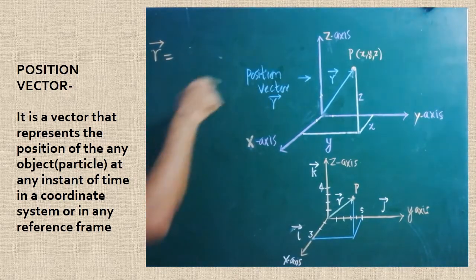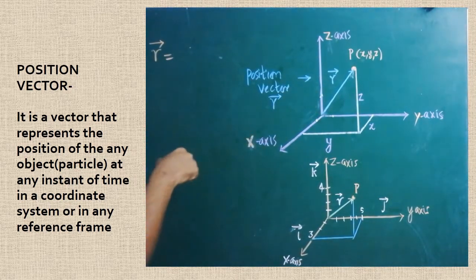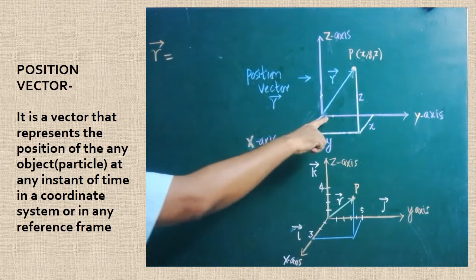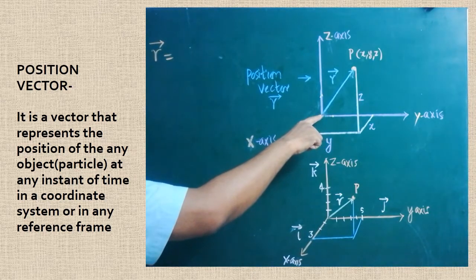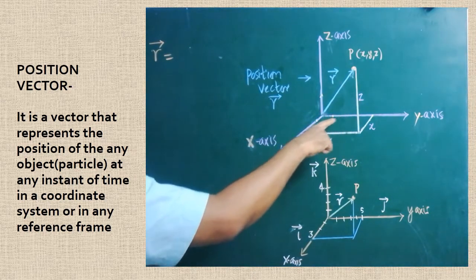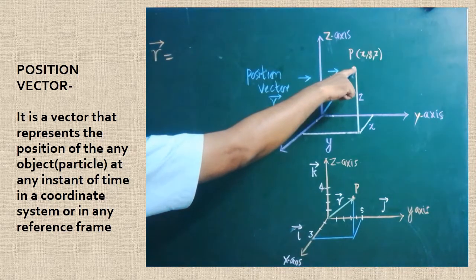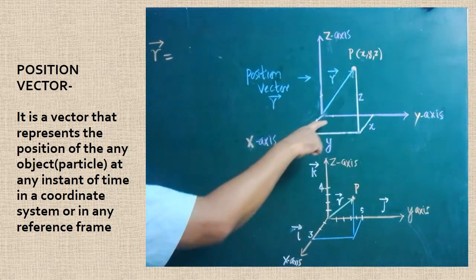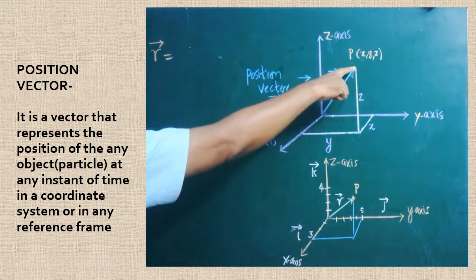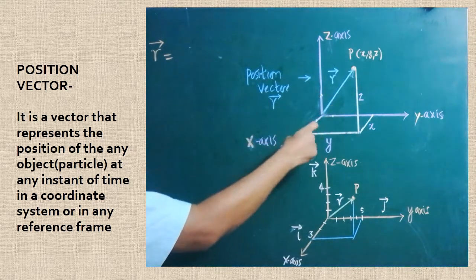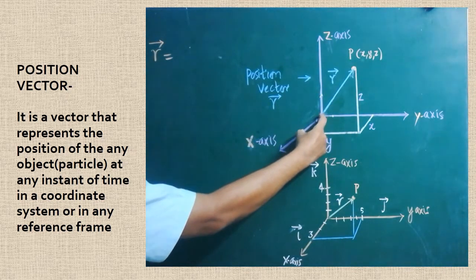Since it is in the three-dimensional coordinate system, we have to use all the three values. Here, just first let's take the x-axis. With respect to the x-axis, the distance located is x units.